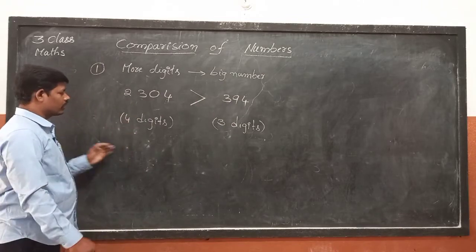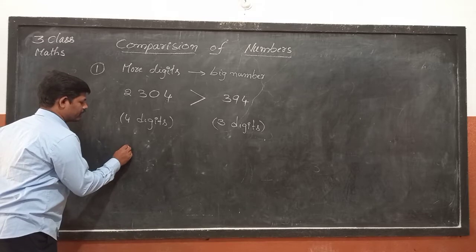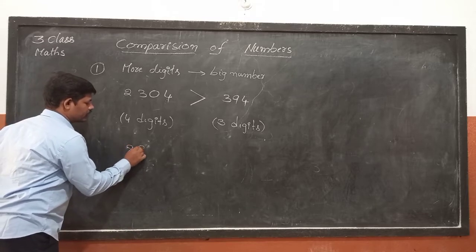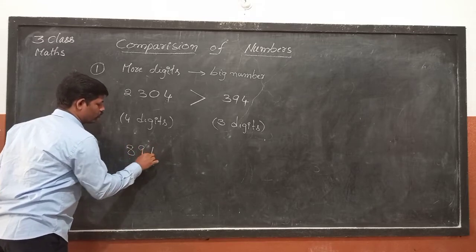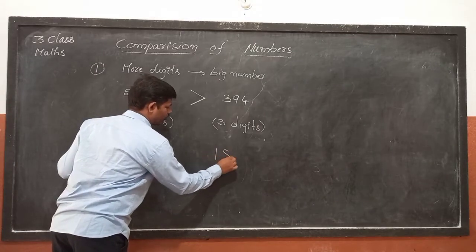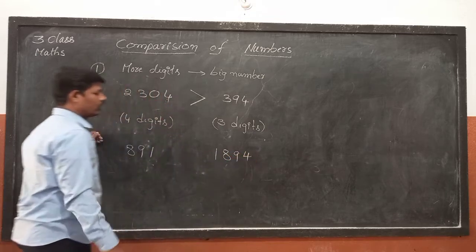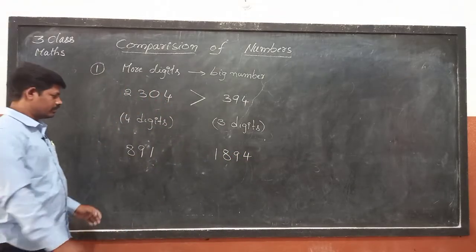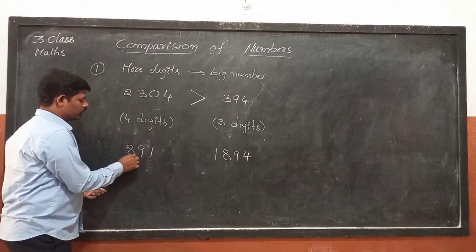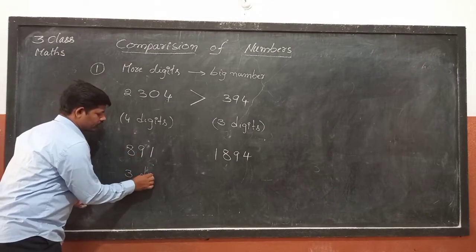Like that you can take another number also. For example, 891 and 1894. Count the number of digits. 1, 2, 3. How many digits? 3 digits.